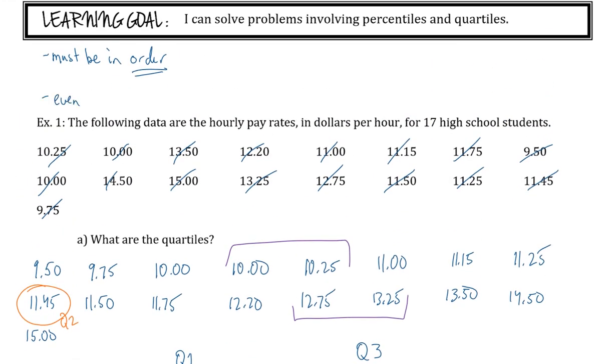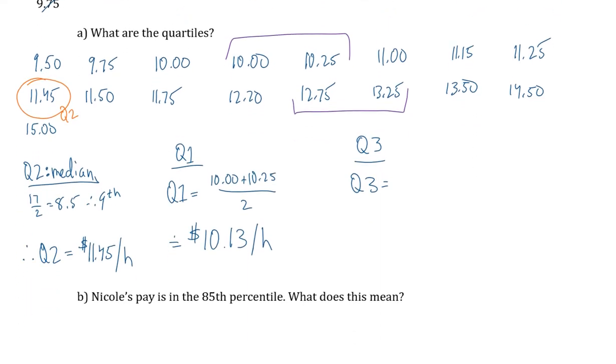Even or odd data points. Okay, and that counts for the total data points, but it also counts for when you're doing the first and third quartiles. In the bottom half of the data set, is there an even or odd number?